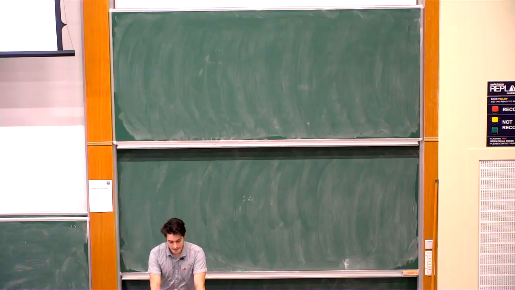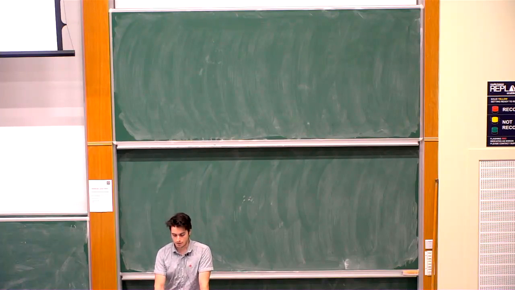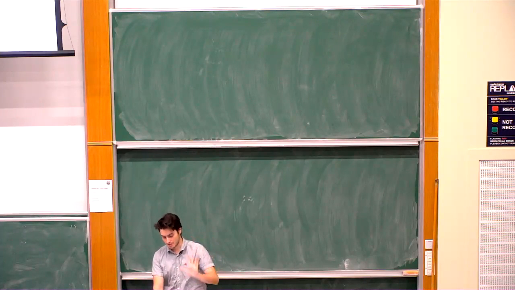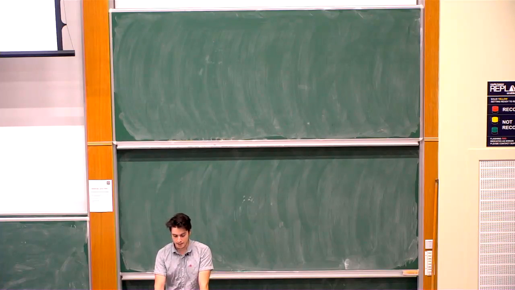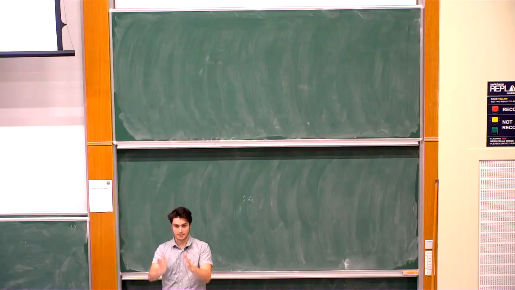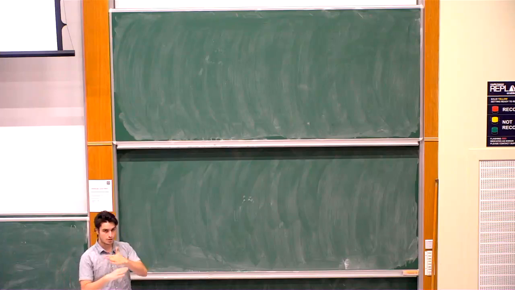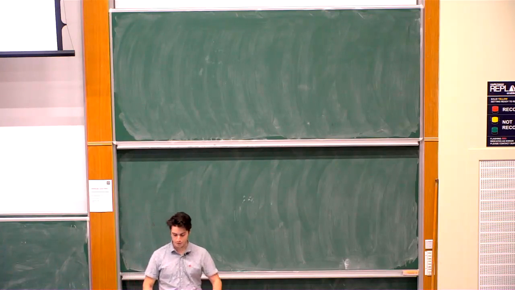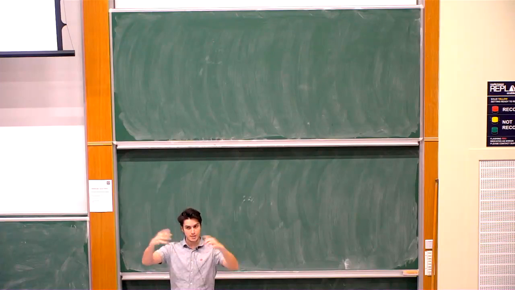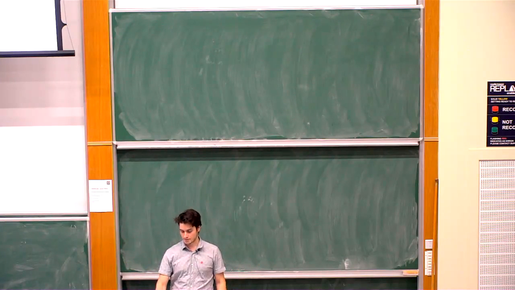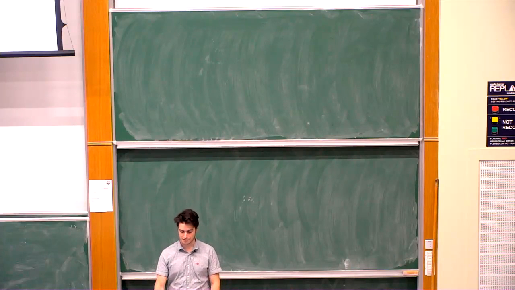Now, if n is the unit normal to the surface S, then this integral means taking the dot product of that normal field with the vector field F that we're integrating. So we again get three terms in our integral. We're only doing the dot product as in the definition of surface integral.